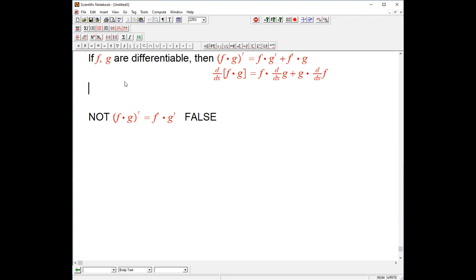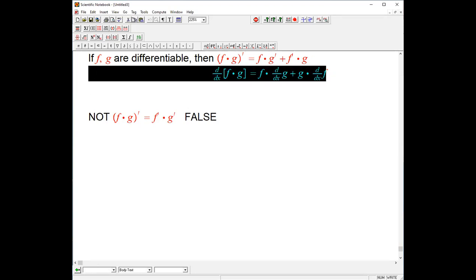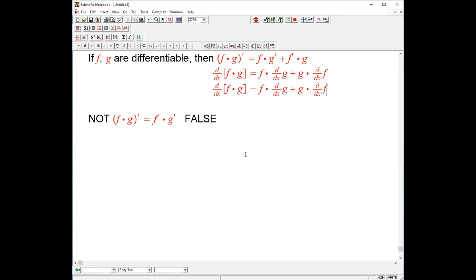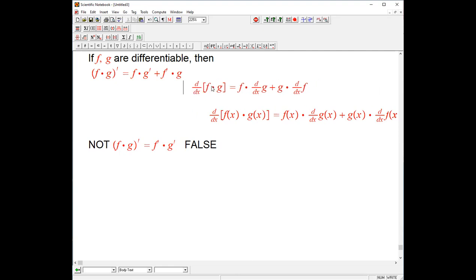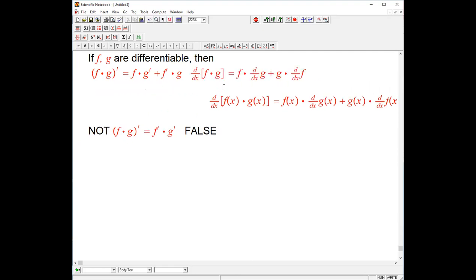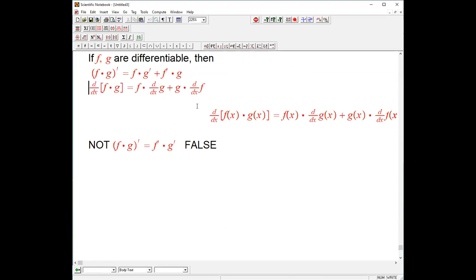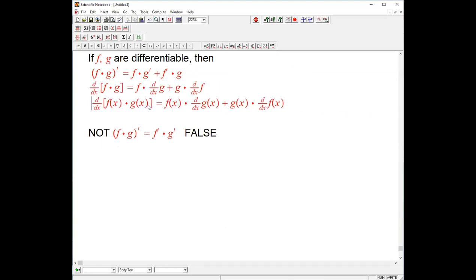And of course, the third version of it, all of these, they mean the same thing. So this is f of x, g of x, g of x, f of x. We point this out to illustrate that they're with respect to the same variable, x.